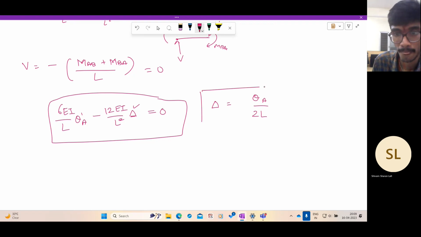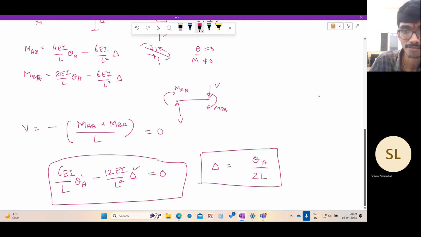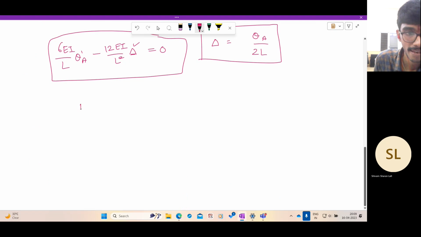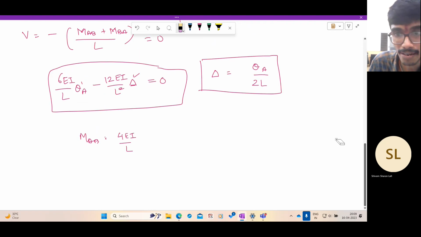You solve this. Now go and put it back in the expression for MAB. Now what is MAB? So MAB is 4EI by L. Just a minute, this is L square, right? So it's not by L. It is L theta A by 2. Units: this is in radians, this is in meters.